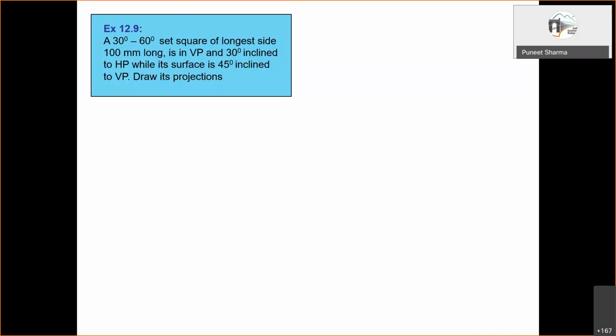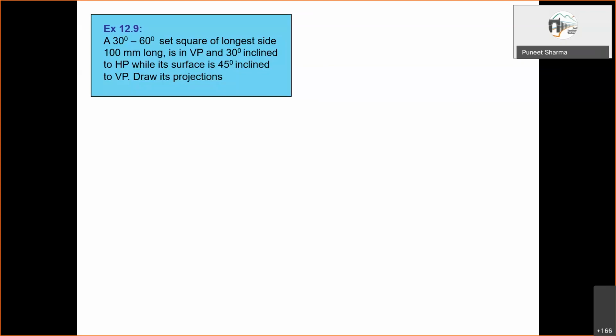Okay, I'll pause for a few seconds. You can try to imagine. Okay, so now you see the surface is making some inclination with the vertical plane, and one edge is lying in the vertical plane. So that is the case with us.